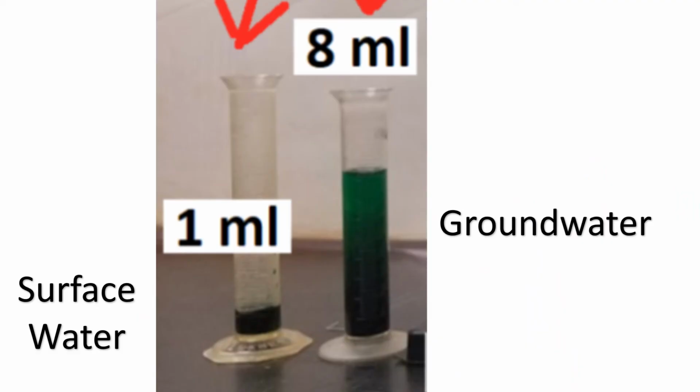The 8 milliliters represents groundwater, and the 1 milliliter represents surface water. So that represents every lake, river, stream, pond, and swamp that you and I see. There's actually a lot more water under the ground than on the surface, but we don't realize that because we don't see it.